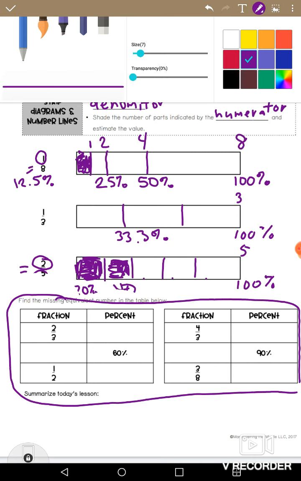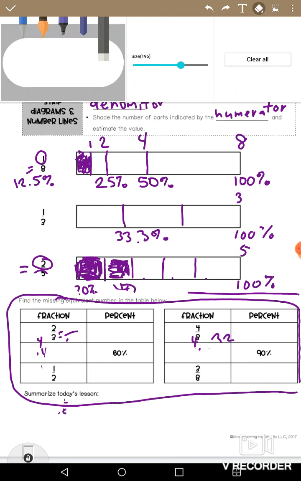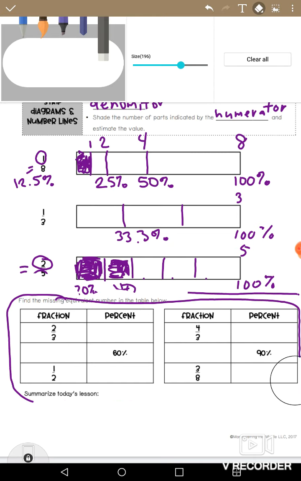Well, we know that there's nothing times 3 that's going to give us a fraction with the denominator 100. That just doesn't work that way, does it? So this is one of those weird ones that we're going to have to play with and try to figure out.